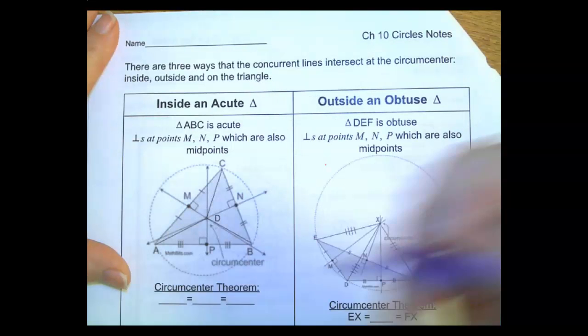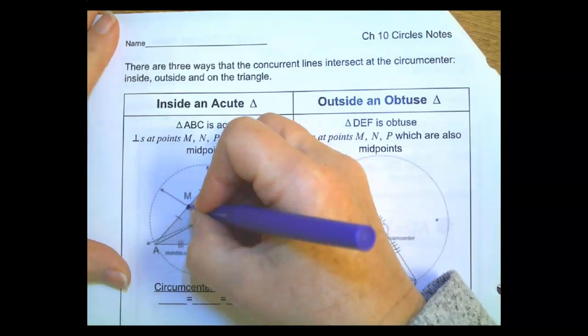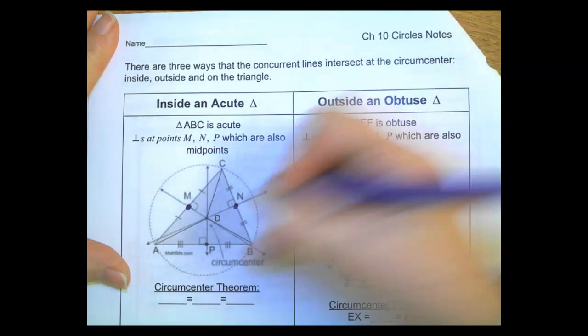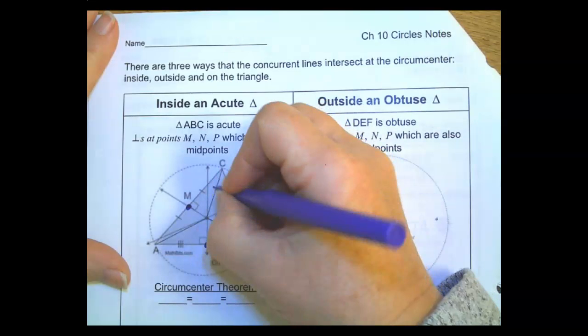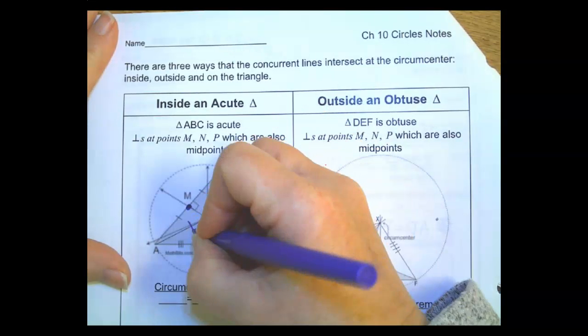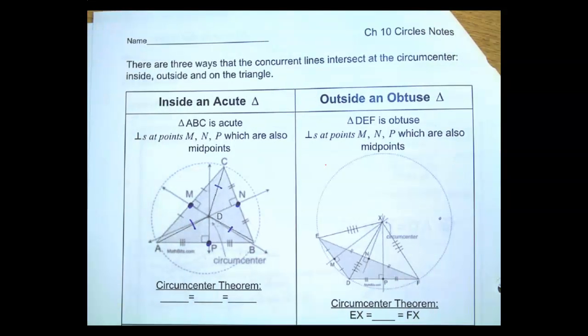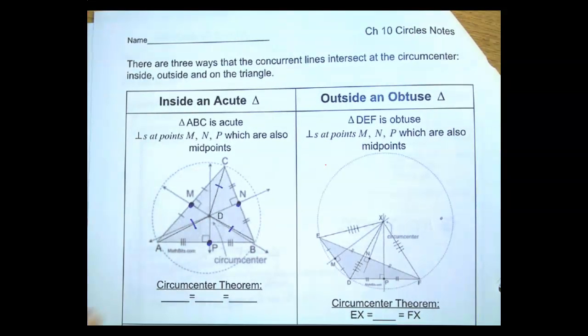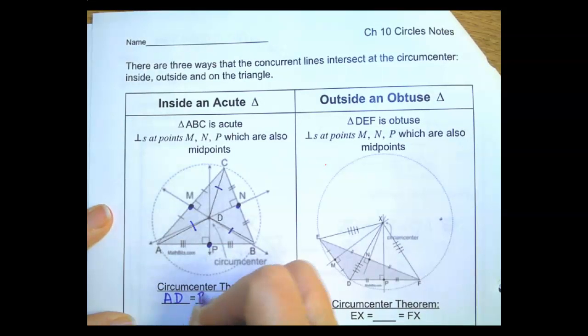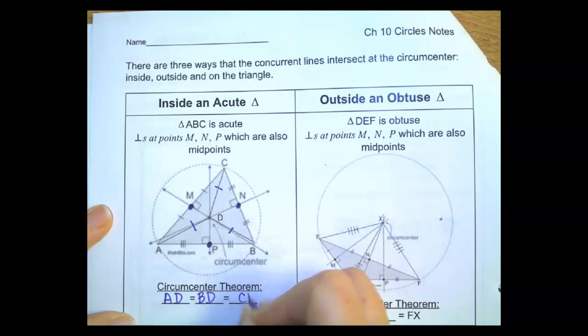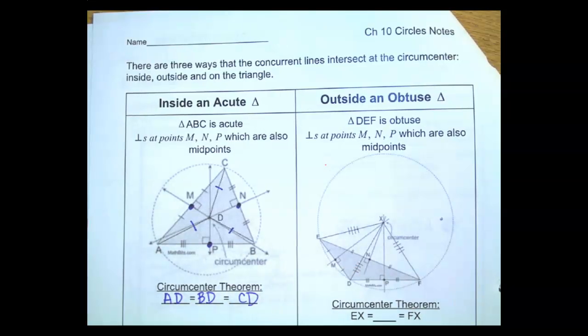Perpendiculars at points M, N, and P. All right, so those are your bisectors. So that means that this and this are congruent. AD, BD, CD are all congruent to each other.